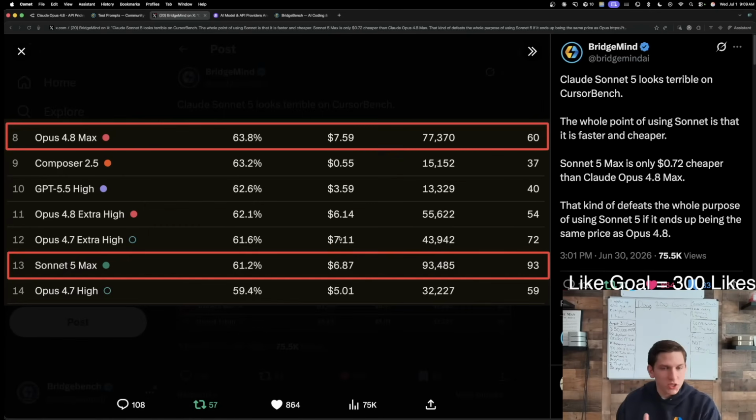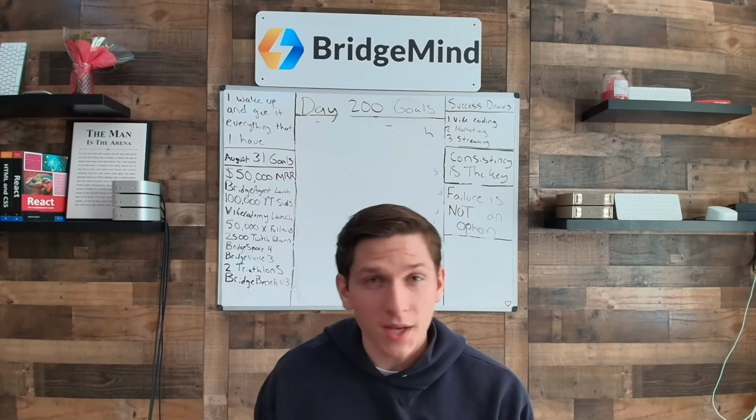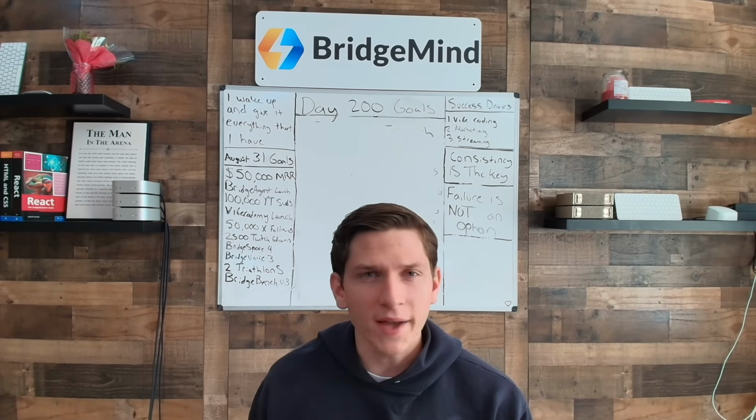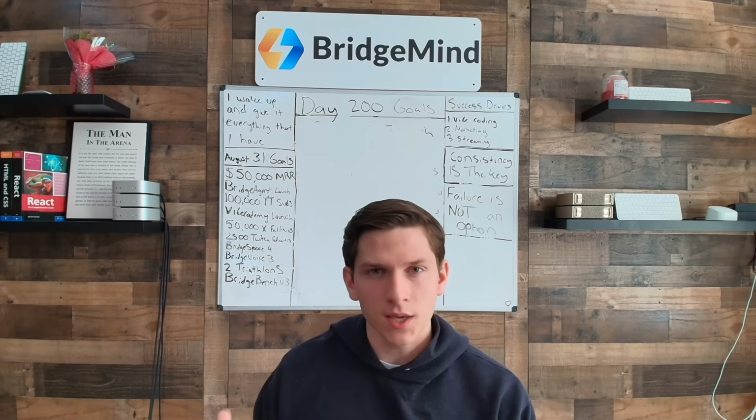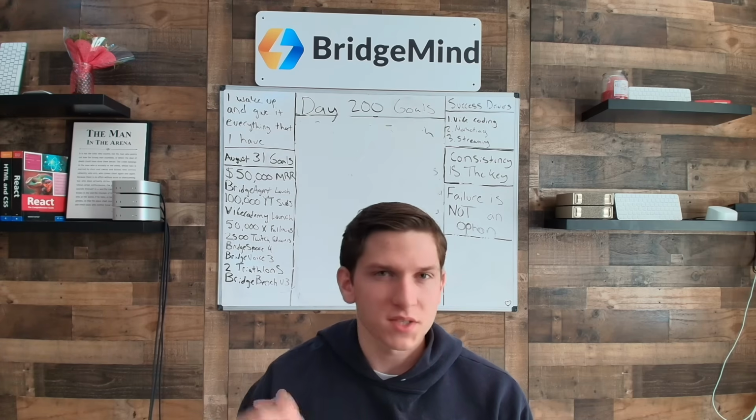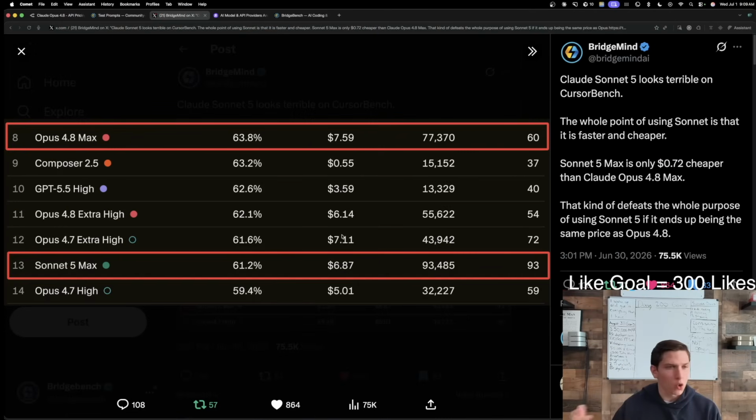It's hardly cheaper, and in some cases, on some benchmarks, is actually more expensive than Opus per task. It's slow. It is not token efficient. It has some good reasoning capabilities, but ultimately Opus 4.8 is going to beat out Sonnet 5. So I just don't know why you would want to use Sonnet 5 if it ends up being more expensive or at the same price or similar price as Opus 4.8 without being as capable.